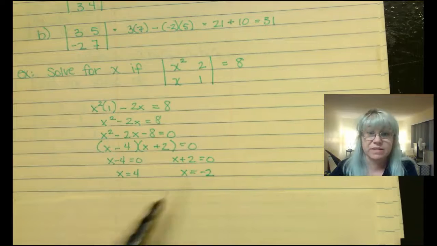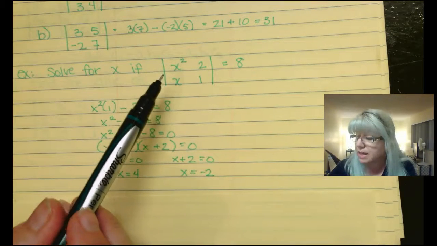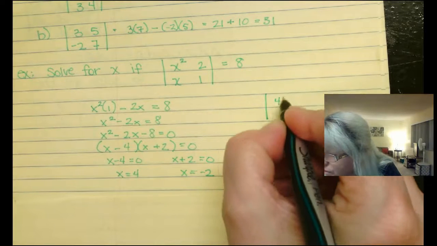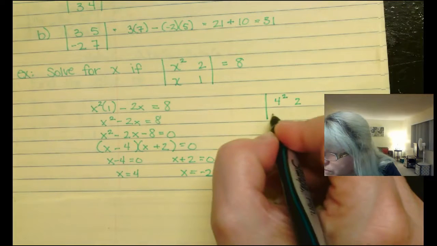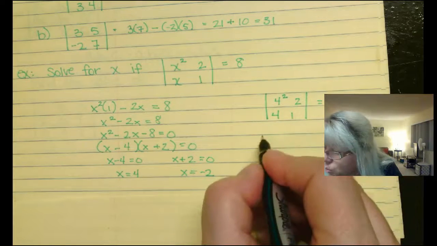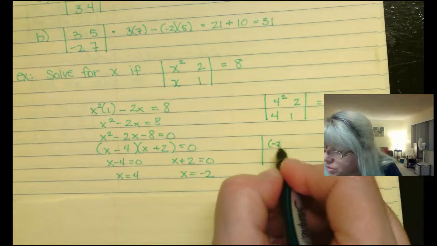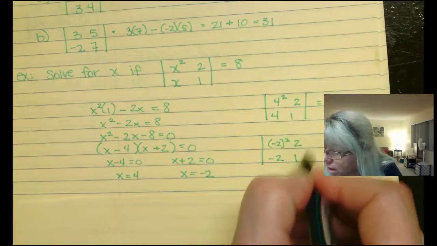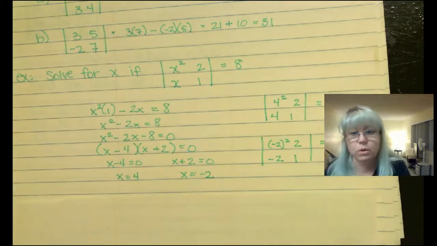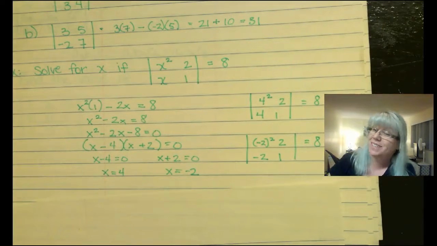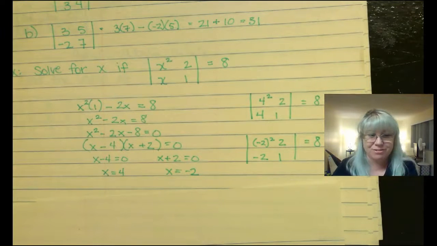If I plug either of these values back into the matrix, one matrix looks like 4 squared, 2, 4, 1, which should equal 8, as well as negative 2 squared, 2, negative 2, 1, which should also equal 8. I'll leave that for you to work out on your own to see if it really does check out.